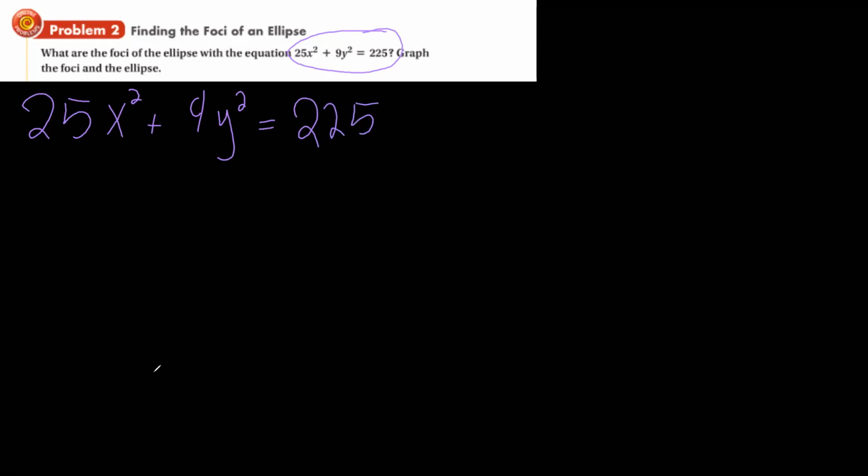Is this a standard form of the equation of the ellipse? No, it's not. It is x squared over a squared plus y squared over b squared, and it must equal 1. But here now it is 225. So how can I make 225 equal 1?